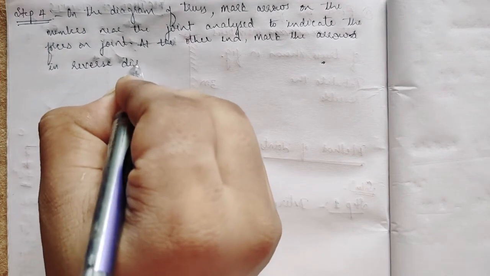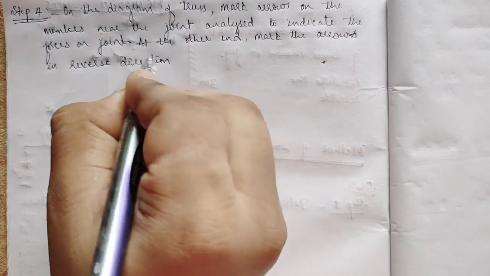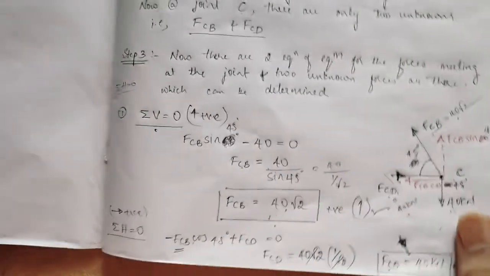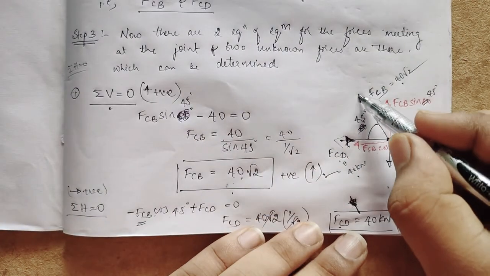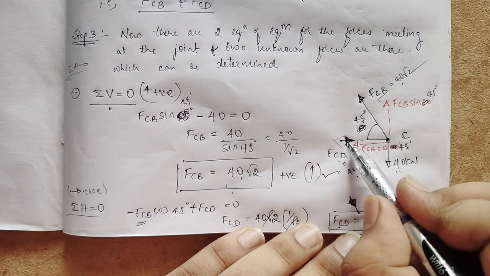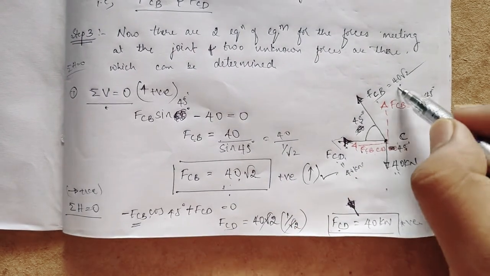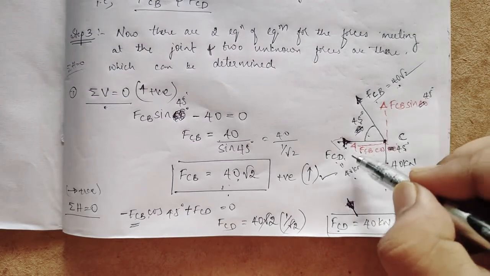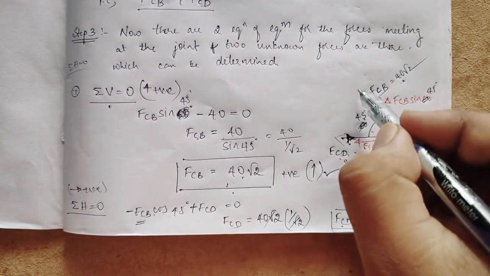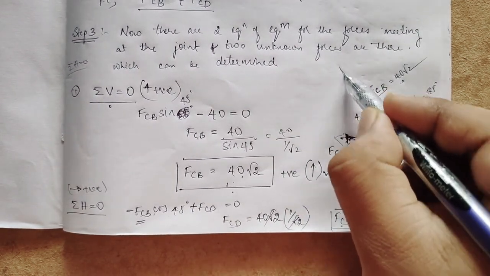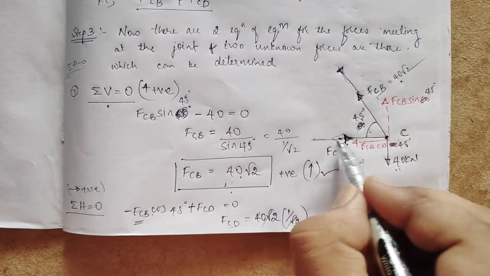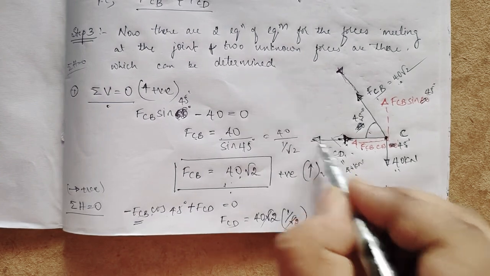Very important, in reverse direction. Okay, so what I assumed here, I assumed that FCB is going upwards and FCD is going this side. Once I got the solution for FCB and FCD, I have to mark the forces in reverse direction at the other end of the arrows, like this.